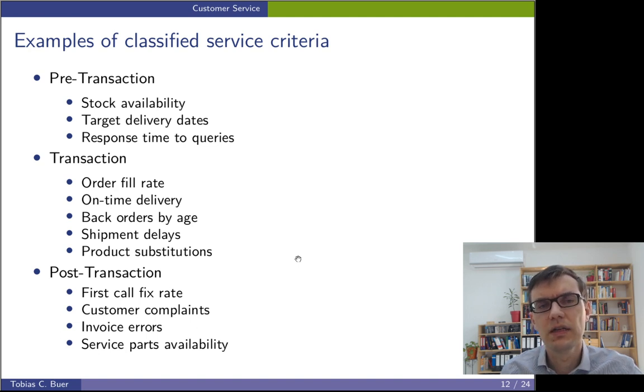And are these really available? Are these available quickly, or do we have to back order them or whatever? So these are some criteria related to customer service and logistics grouped in the pre-transaction, transaction and post-transaction phases.